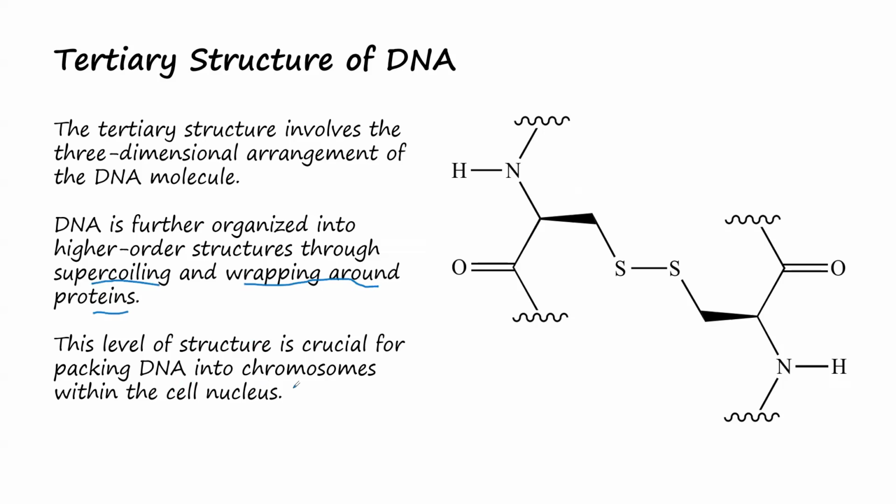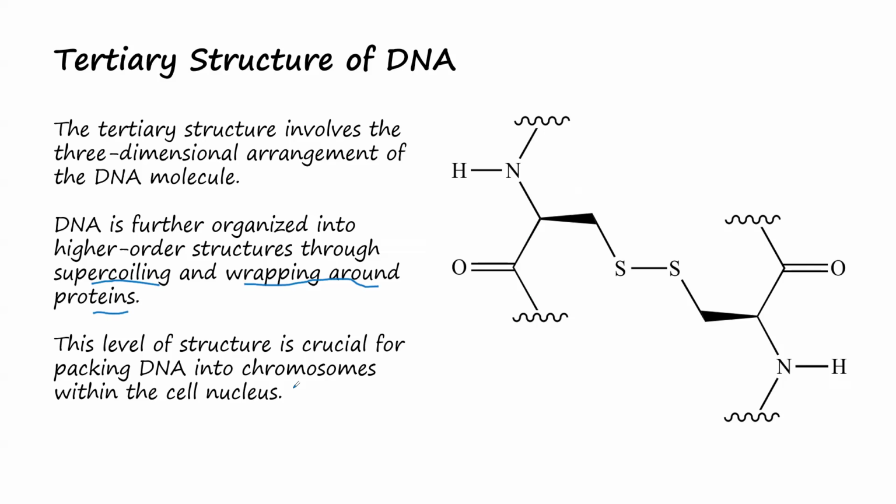So we know, ladies and gentlemen, that if we look at the nature of the DNA, it is a very long and very thin molecule. Generally, if the DNA is not coiled, supercoiled and wrapped around the histone protein, it cannot fit into the chromosomes and into the nucleus of the cell.